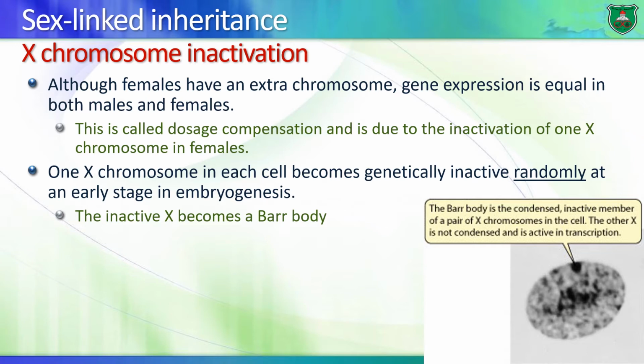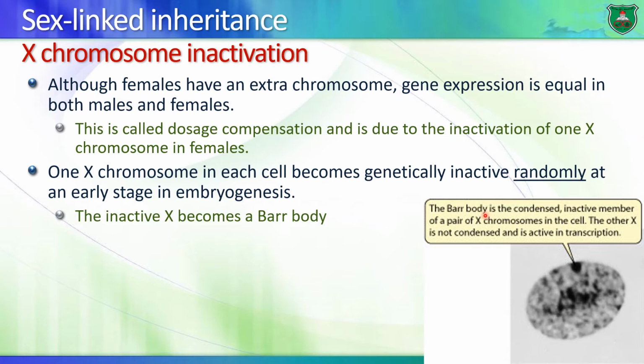Okay, resulting in shrinking of the X chromosome and inactivation of that X chromosome. So it looks like a dark particle inside the nucleus, and it's called the Barr body. So the inactive X chromosome becomes what is known as a Barr body.